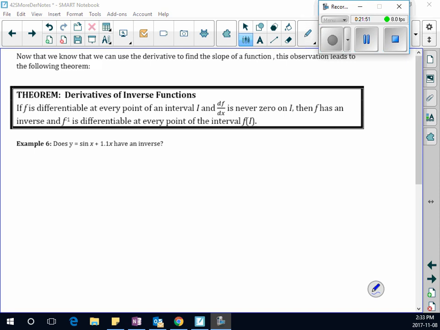So let's find the derivative and see what it is. The derivative of this would be cos x plus 1.1. It's saying if f is differentiable at every point. Can you agree that it's differentiable at every point? It's a wave, so it's differentiable at every point, plus a line, essentially.